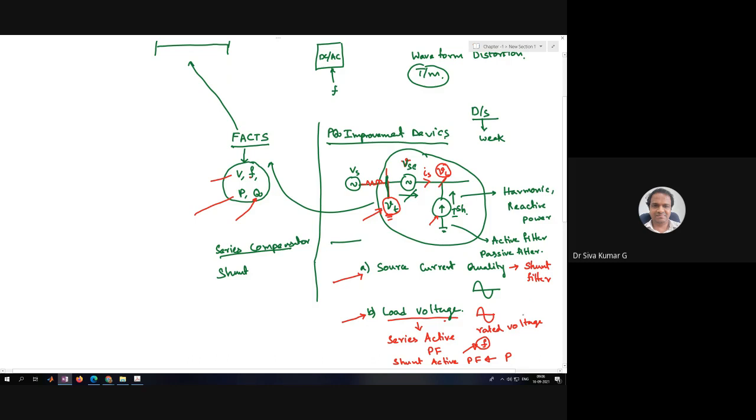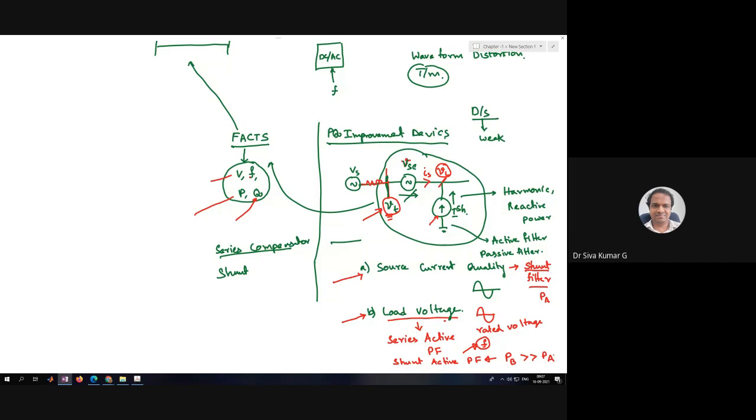When you use the filter to improve the source current quality, you use a shunt active power filter with a rating of maybe PA. The shunt active power filter used for the load voltage has a rating PB. This rating is very much higher than that of the shunt filter used for source current quality improvement.